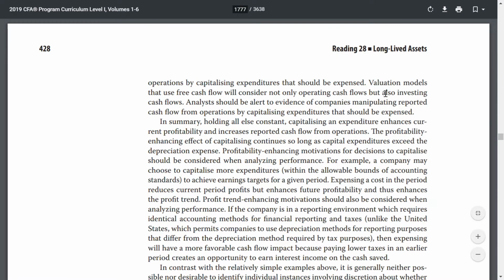Valuation models that use free cash flow will consider not only operating cash flows but also investing cash flows. Analysts should be alert to evidence of companies manipulating reported cash flows from operations by capitalizing expenditures that should be expensed. In summary, holding all else constant, capitalizing an expenditure enhances current profitability and increases reported cash flow from operations.